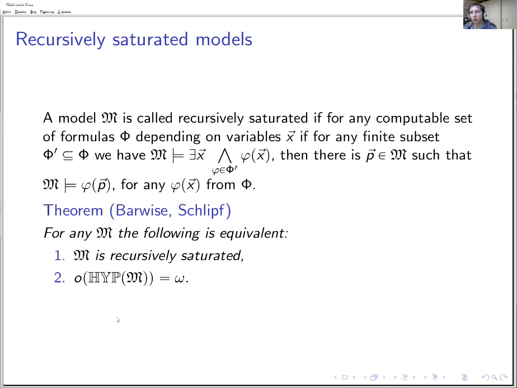And of course, the notion of recursively saturated model is a rather important one. In the case of countable models, a model is recursively saturated if and only if it's resplendent, and this basically means that a sigma 1 1 sentence holds in the model if and only if there is an elementary extension where this sigma 1 1 sentence holds.